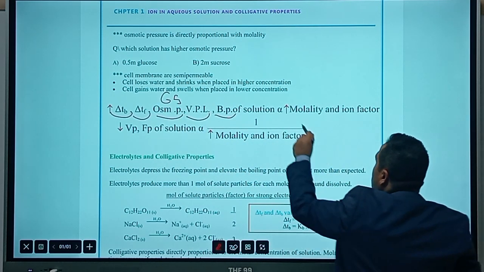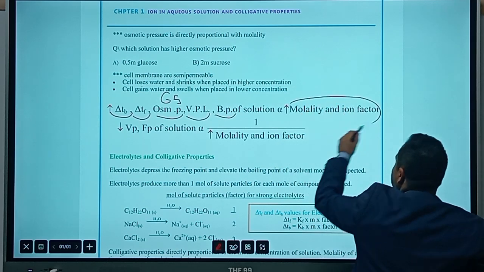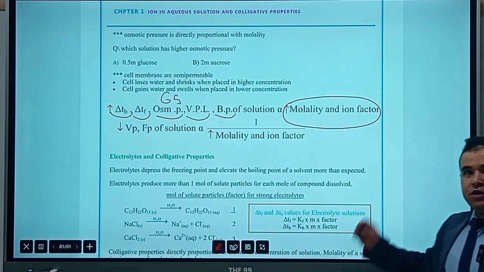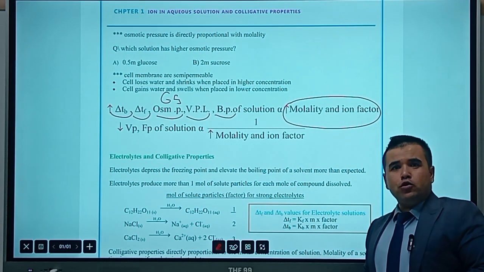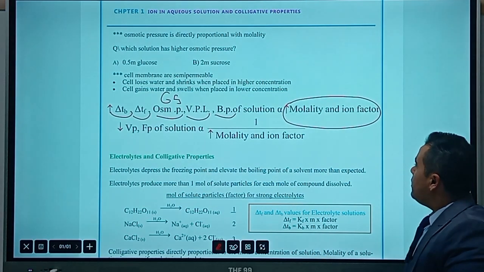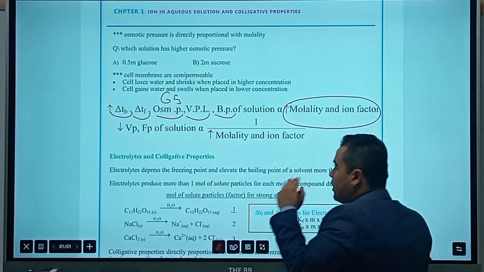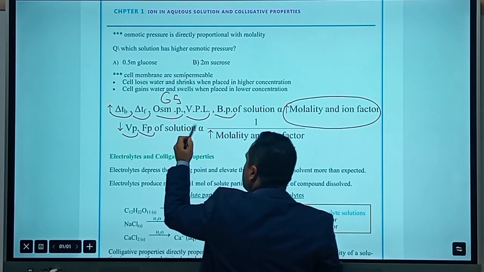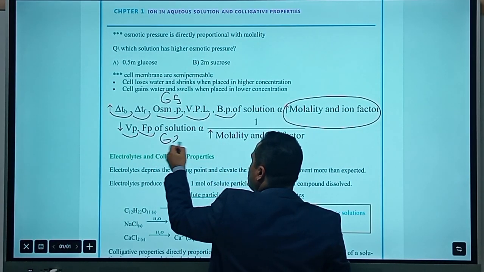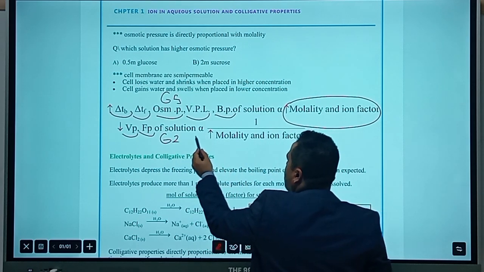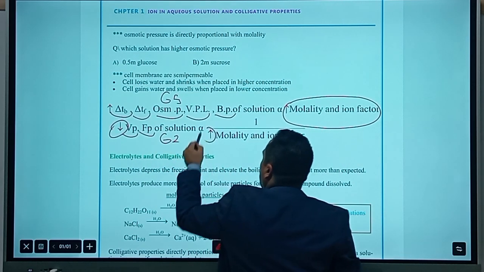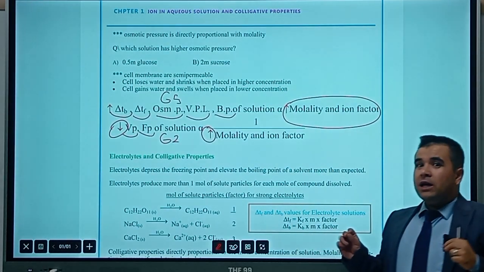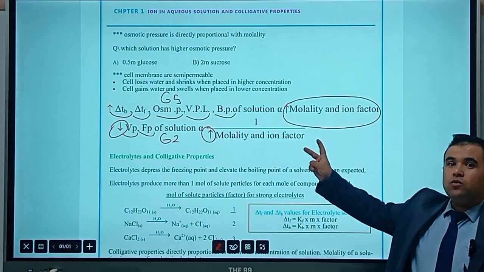They are directly proportional with the molality. But the 2 others, which are freezing point and vapor pressure, which we call the G2, group 2, are inversely proportional with the molality. So the relation can be summarized in these 2 statements.